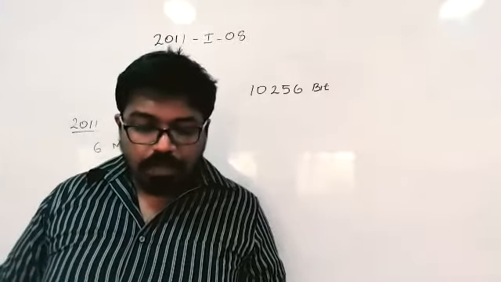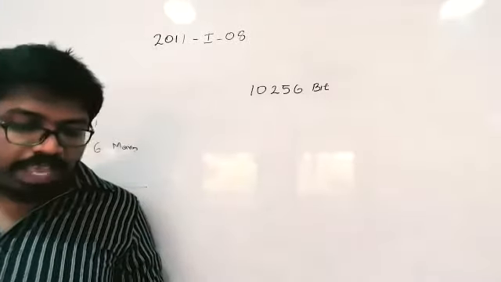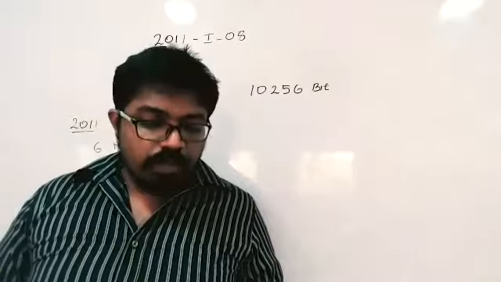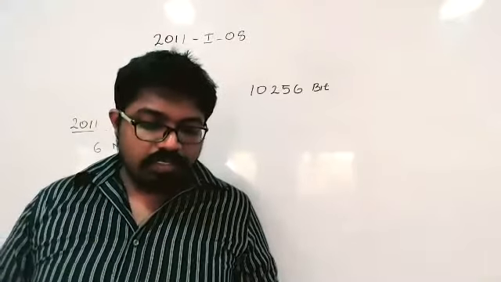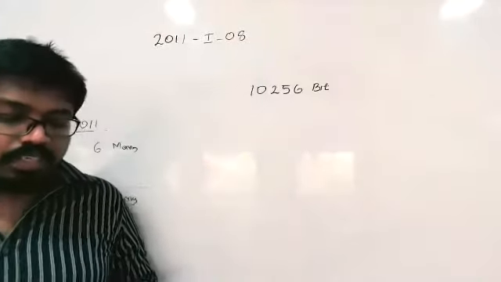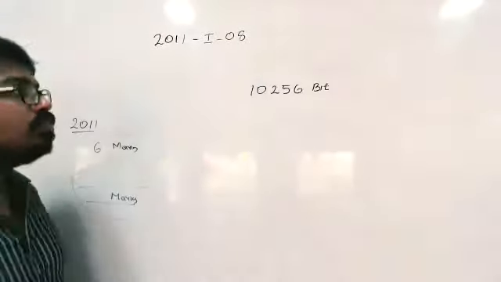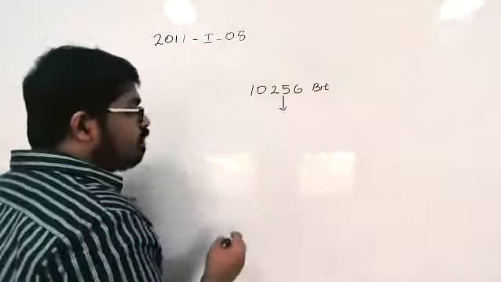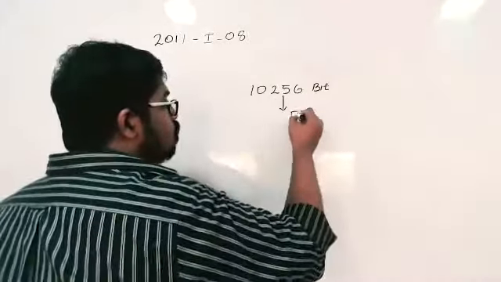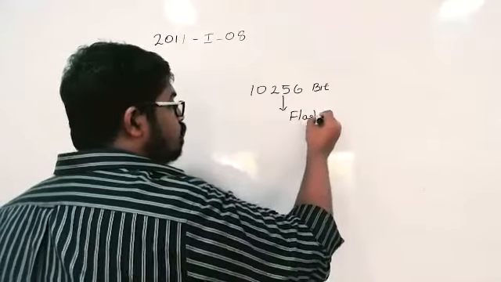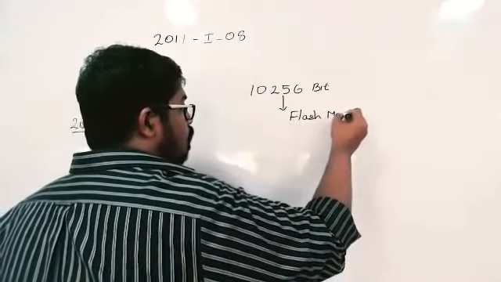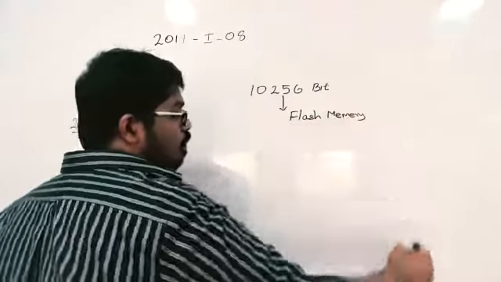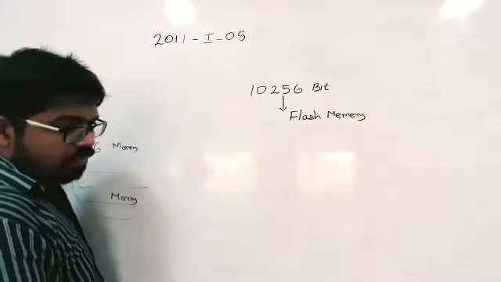What is the minimum capacity of the portable flash drive that can be used for storing this file? So they are asking you to find out the minimum capacity needed to store this file in flash memory. They didn't ask about the maximum. Why? Maximum cannot be determined, right?